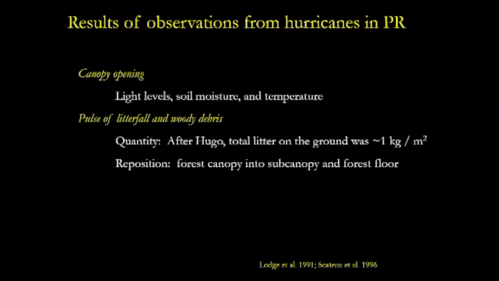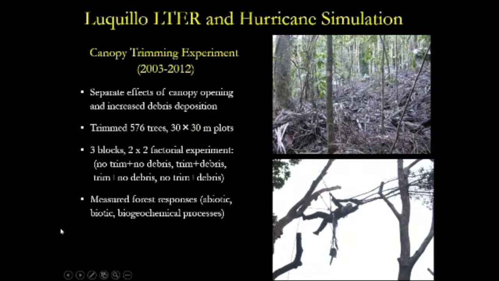And the other aspect was a redeposition of this organic material from the canopy into the subcanopy and the forest floor. So to look at these effects more mechanistically, the Luquillo LTER, Long-Term Ecological Research program, did an experiment where we simulated a hurricane, and we tried to separate the effects of this canopy opening and the increase in the debris deposition into the system.